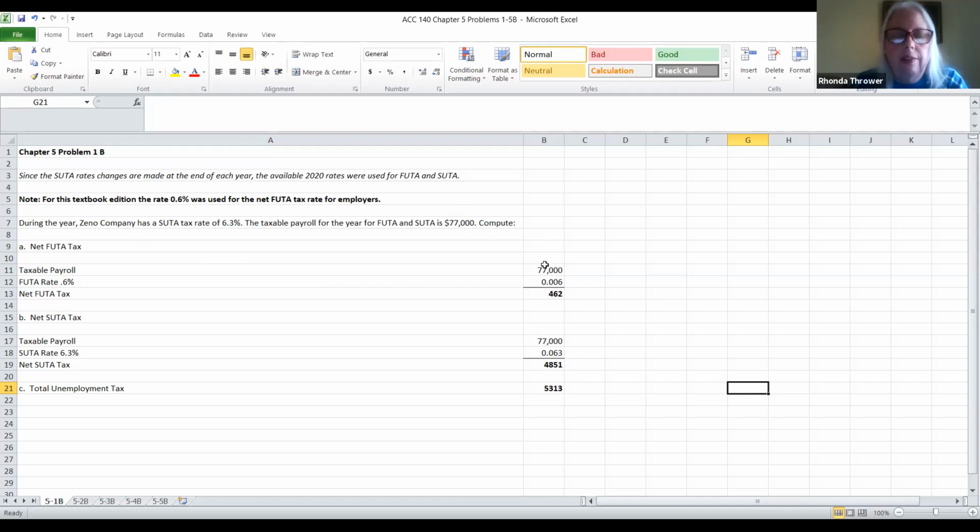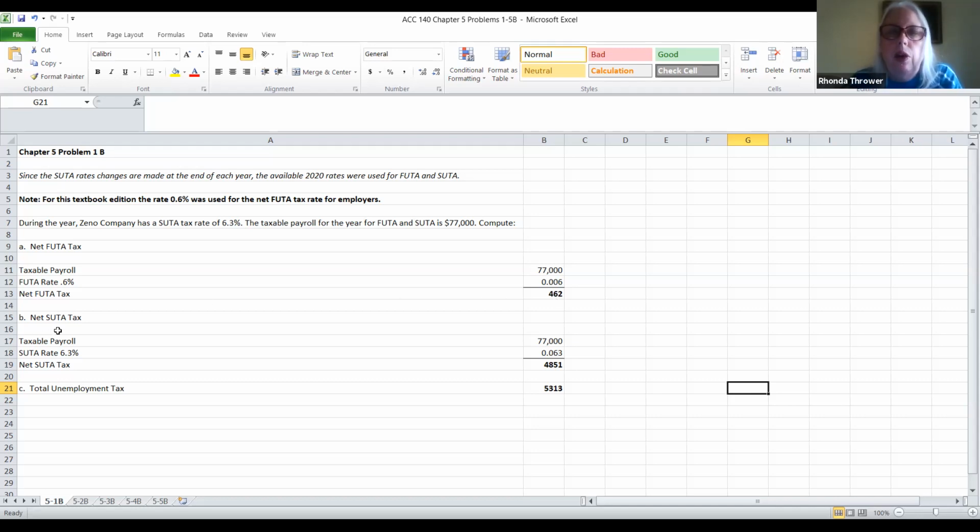To find the taxes that the employer would have to pay, you simply multiply this $77,000 by the net FUTA tax rate, which is 0.6%. So I converted it to a decimal here, and then I simply multiplied it to show you how you would get the net amount of taxes that has to be remitted to the federal government for federal unemployment taxes.